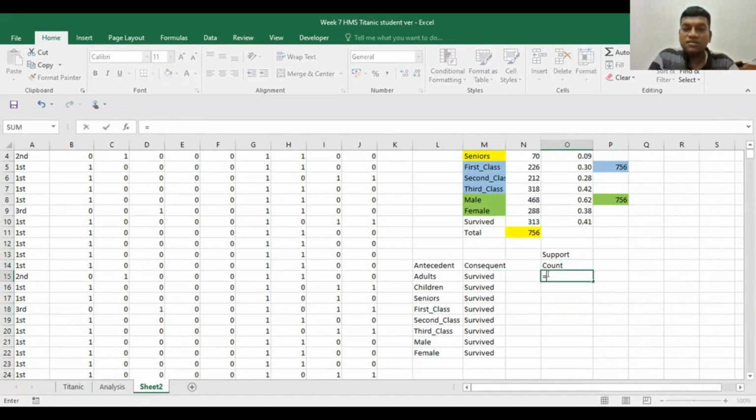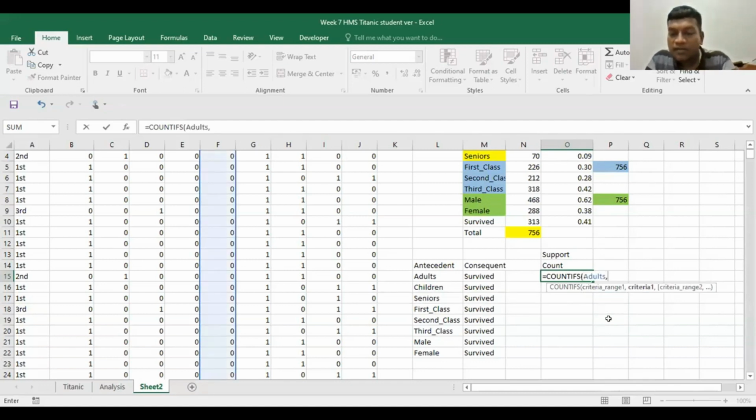That is COUNTIFS. So let's say our name range, adults, equals 1.